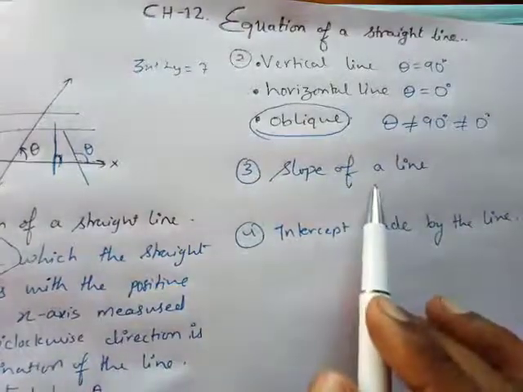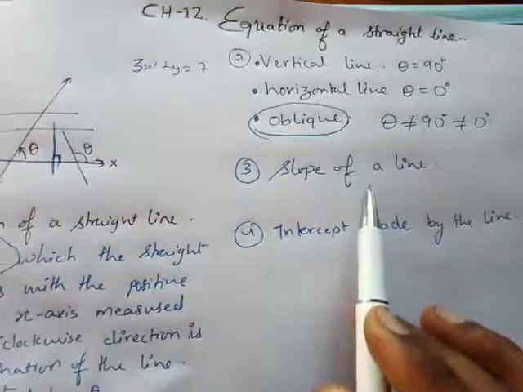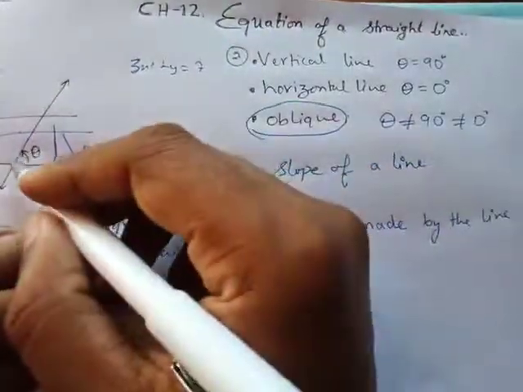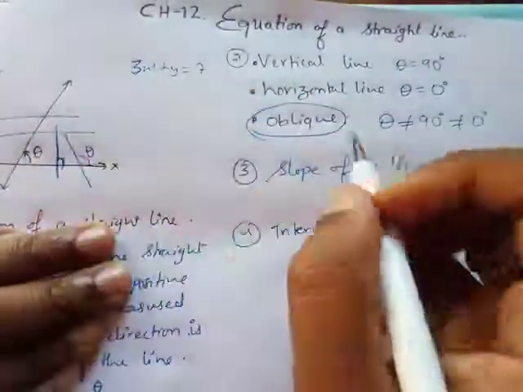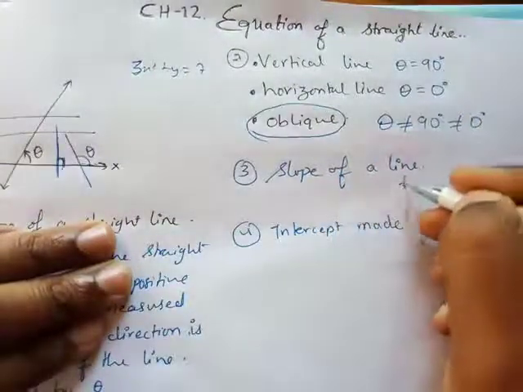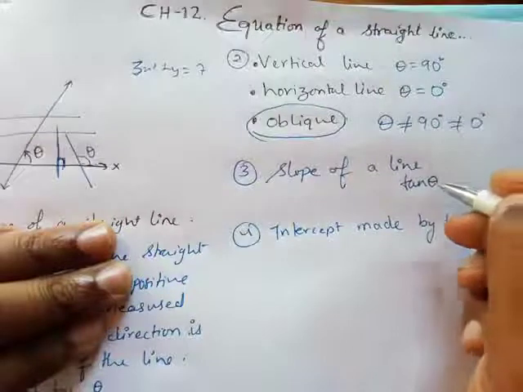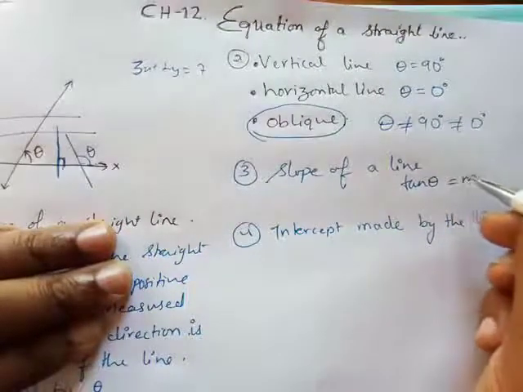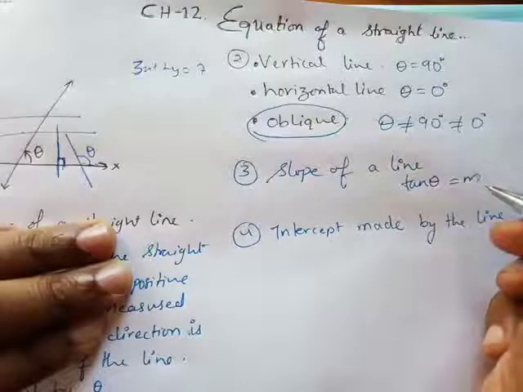Slope of a line is basically the inclination, we call the inclination the slope. So how do we measure the slope? We usually denote the slope like this, tan theta. This is called the slope, or we can also call it m. In mathematics language, we call it tan theta or m.